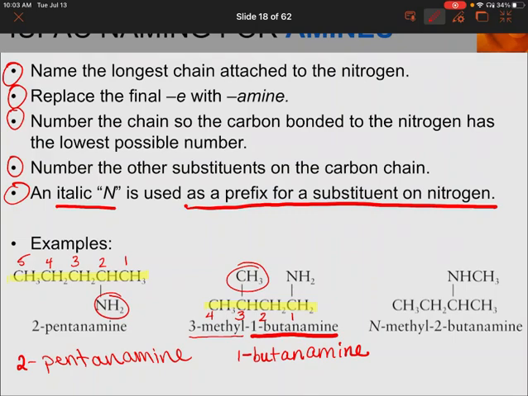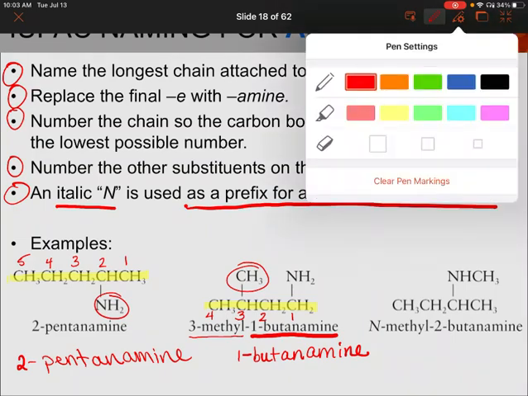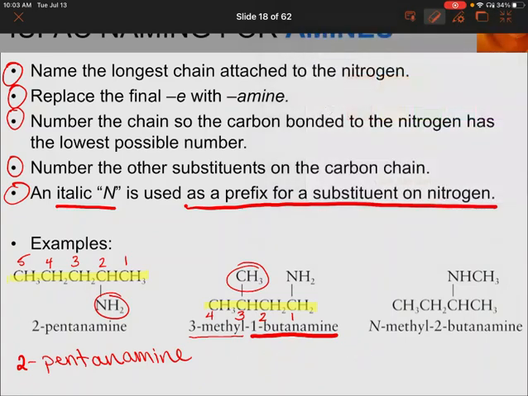And then in our last example, we've got a 4-carbon chain again. So again, that would be butanamine. But this time, the nitrogen is bonded to carbon 2.